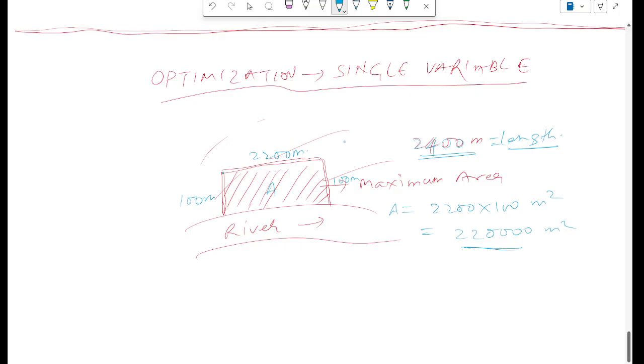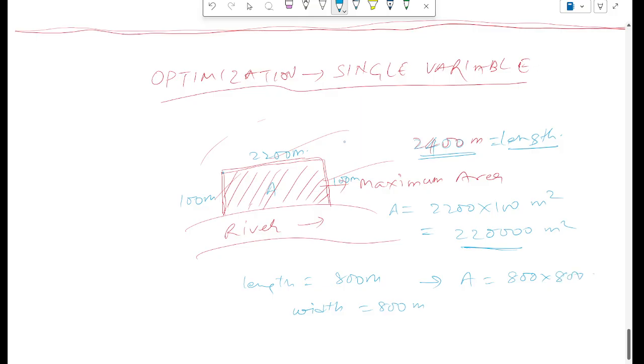But some other person will come and they will claim that this area is not the maximum. I will take the fencing as length, let's say, 800 meter and width also 800 meter. Using this also we are going to get 2400 meter fencing material, but the area will become 800 into 800, right?